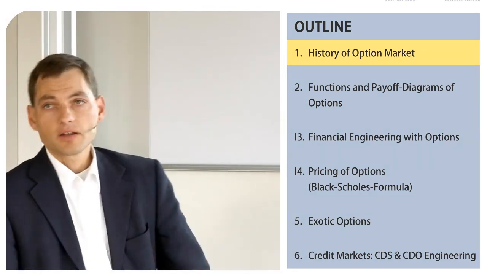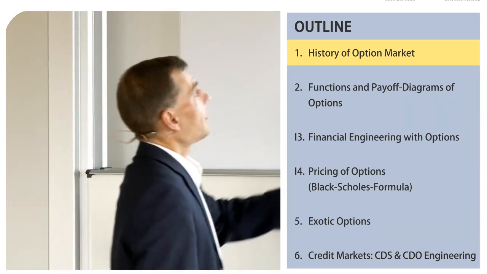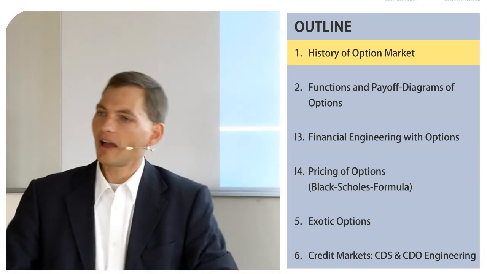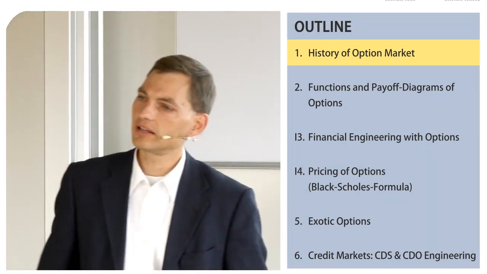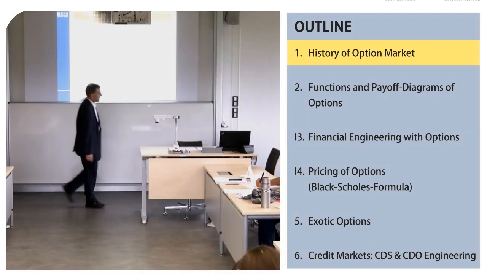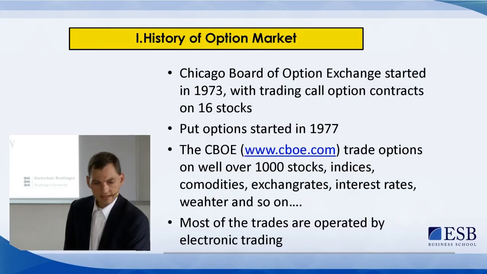Then we move on to the engineering aspect, designing new products. And then before we do this, there is a break for a couple of weeks where we learn the mathematical skills, which is not explicitly in this overview outline. Okay, so let's start with the first part, the history of option markets.